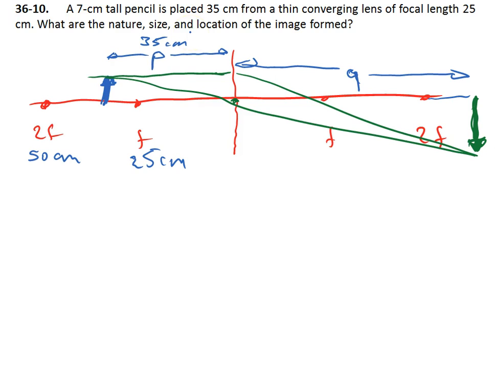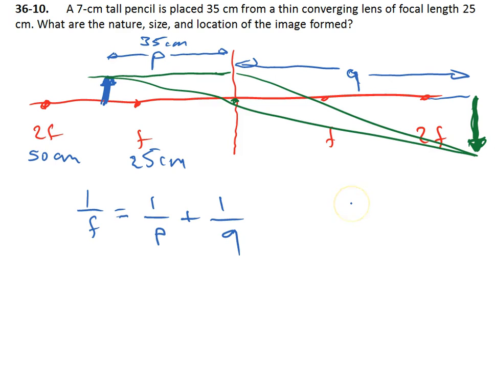So we use exactly the same equation for thin lenses and spherical mirrors. The reciprocal of the focal length is equal to the reciprocal of the object distance plus the reciprocal of the image distance. So we wish to know q.